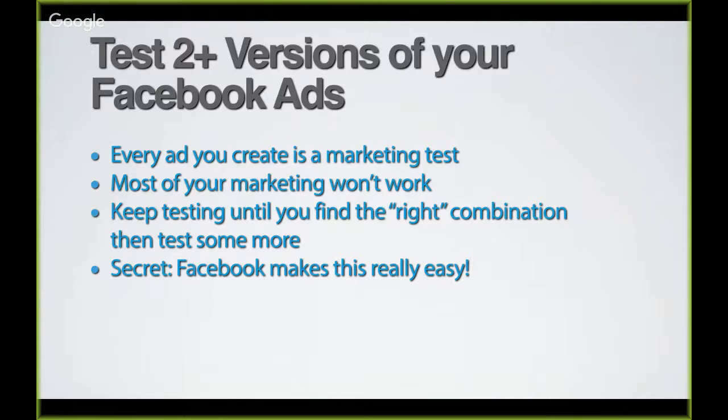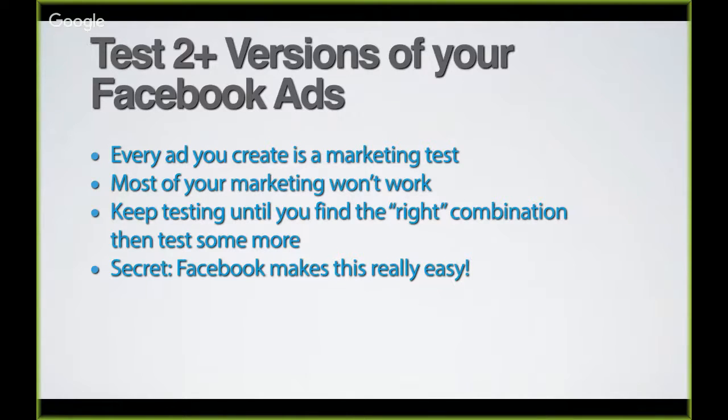But here's the secret. Facebook makes this really easy, okay? So many times I teach the techniques that you're learning right now, and I tell people, hey, most of your marketing won't work. You're gonna have to keep testing. So you're gonna need to do maybe 10 versions of your ad to find one that really works. And then somebody will come to me and say, hey, I did that Facebook photo stack thing that you taught me to do, and then I did a viral ad, and I followed your techniques and it didn't work.